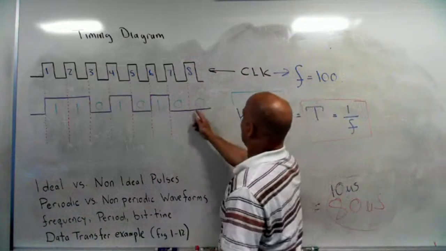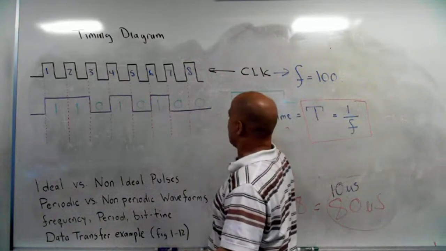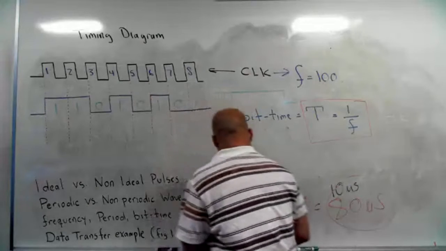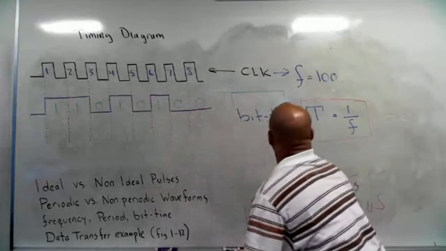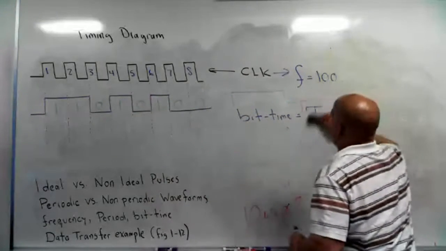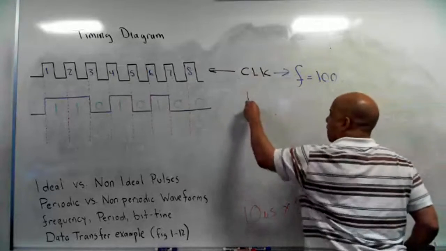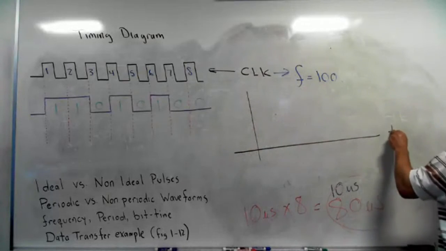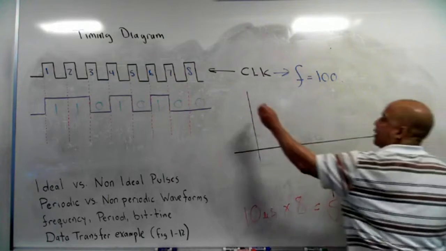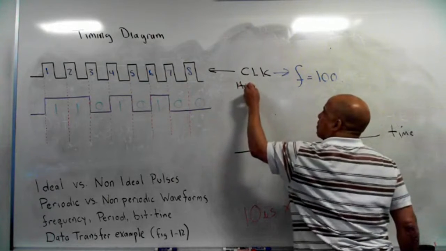Even though it looks like this is the first bit to move over to the right, make a graph out of this. Think about it in terms of a graph. If you have a graph, and here I have my time, and this is my amplitude.